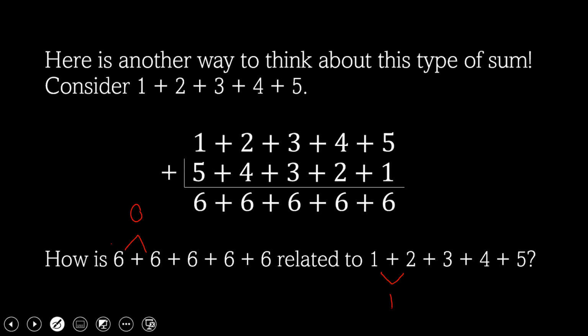I kind of observed this, but if you add 1 plus 2 plus 3 plus 4 plus 5, and then you go from 5 to 1, so 5 plus 4 plus 3 plus 2 plus 1, it is going to equal the same answer. Mm-hmm. Yeah, so you can think about it both ways. Yeah. So 1 plus 5 equals 6, 2 plus 4 equals 6, 3 plus 3 equals 6.